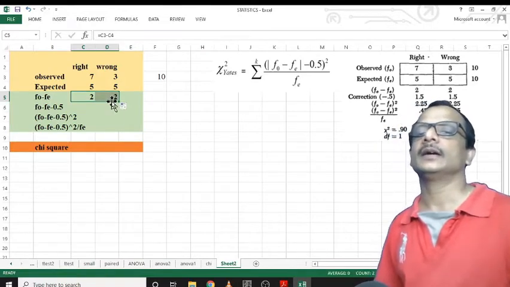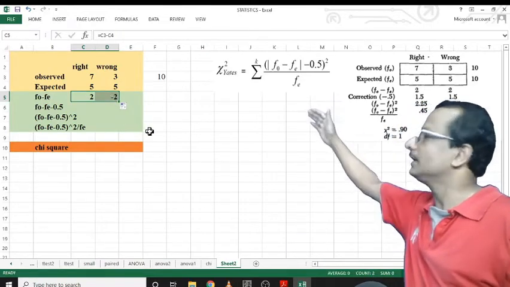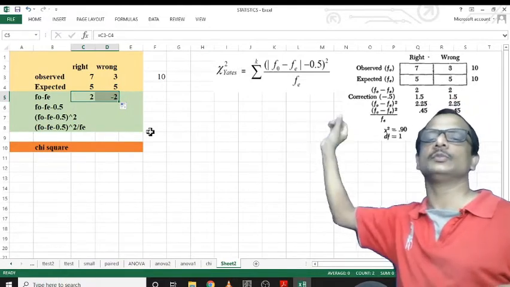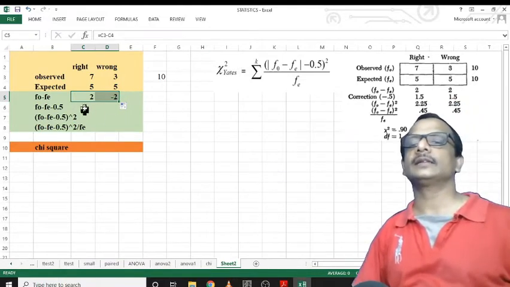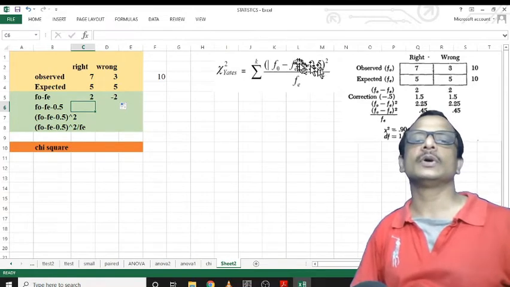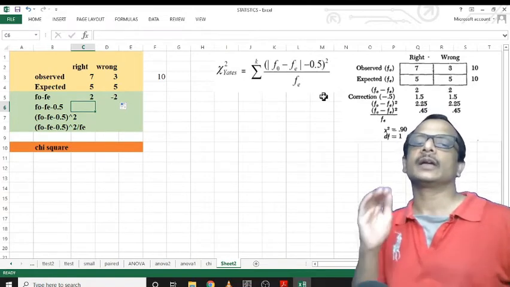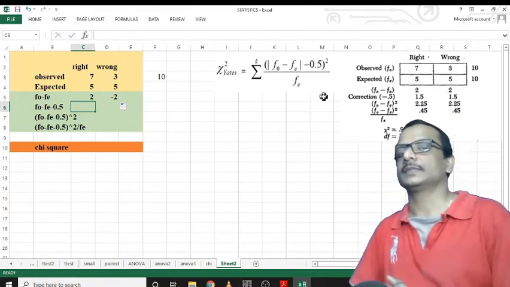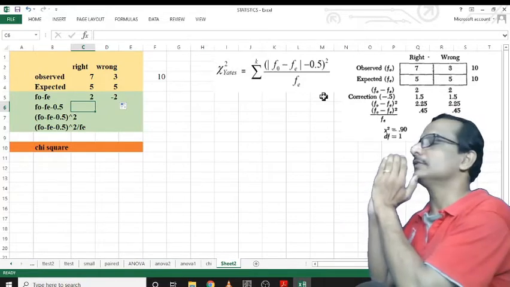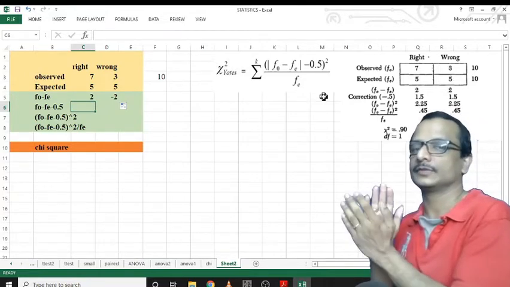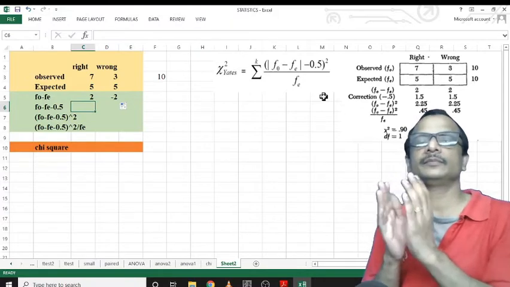Then the next value is 3 minus 5, which is equal to minus 2. Then in the next step, we have to apply a correction factor, and that factor is 0.5.